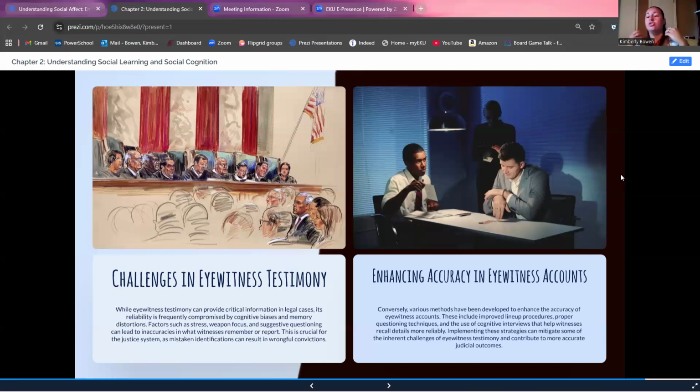That eyewitness is going to struggle to figure out which one of these people it is, especially the longer time has passed, because the schema that they put that person in had a hat on, well, if you have no one with hats on, then your brain's going to have a hard time trying to put the information into the schema that it needs to pull up to make that eyewitness testimony as accurate as possible, if that makes sense.